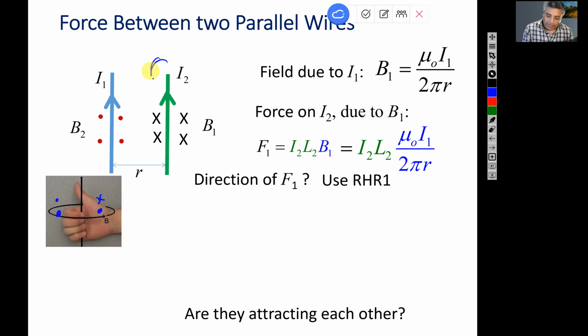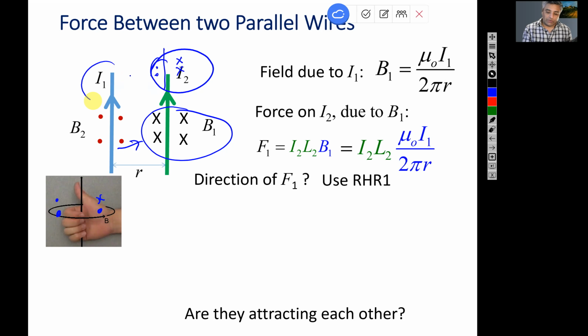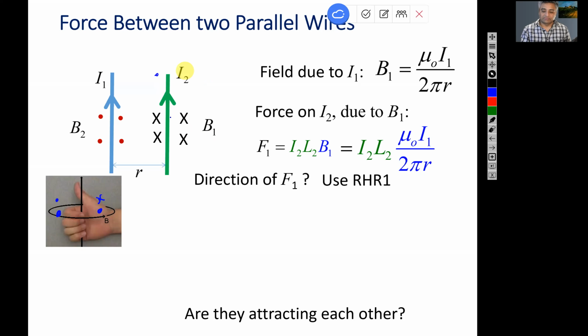Now I'm talking about the magnetic field due to this wire here, not the blue wire. In this case, from this side of the wire it's coming in, and from this side it's going into the page. Since this wire is sitting on this side, this wire is sitting in the magnetic field that's coming out of the screen.